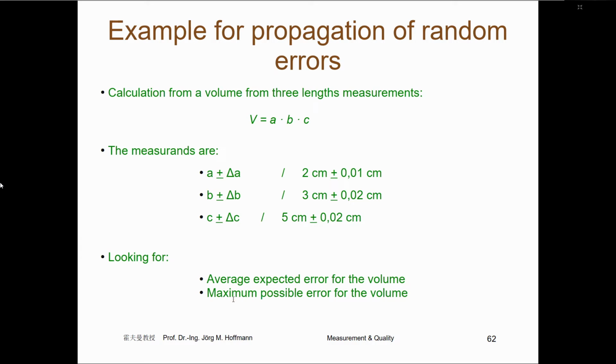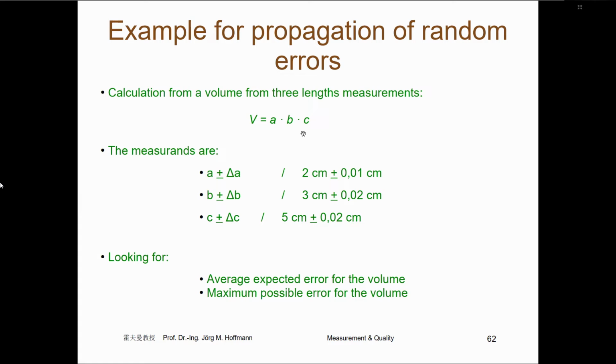And we would like to know the maximum possible error for the volume. That is the worst case scenario, when all 3 values have at the same time the biggest or shortest measurement, the biggest plus or the biggest minus error in this case. Here you can see it: when all have the biggest, you have the biggest error.